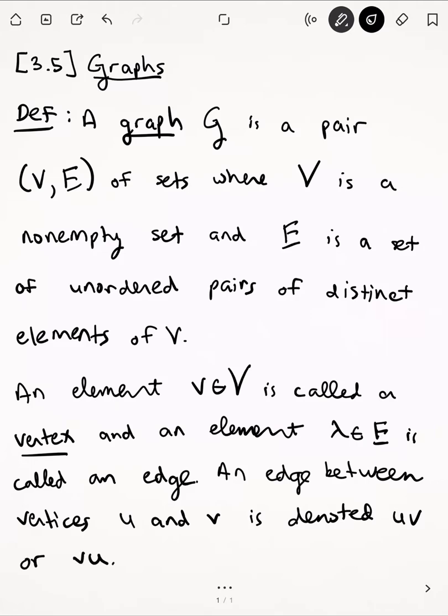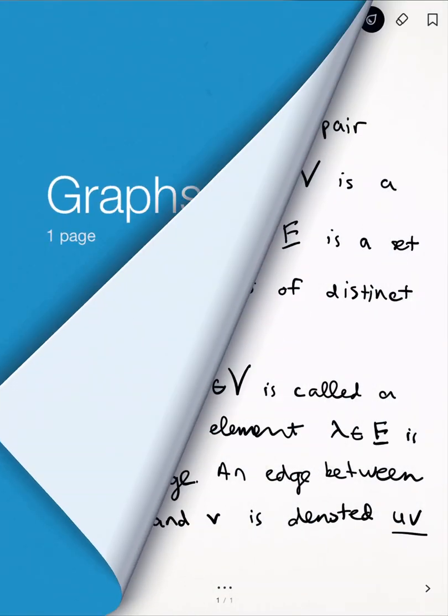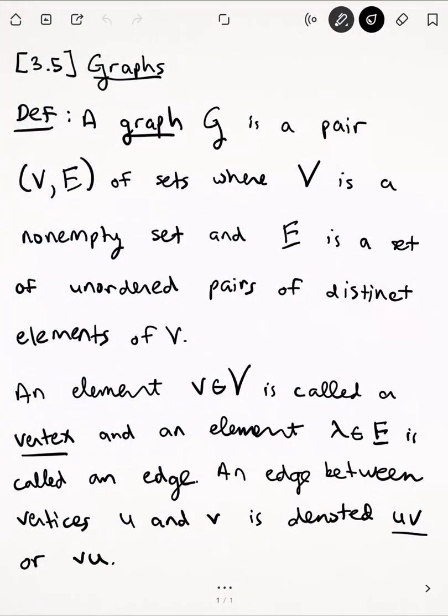Okay, so this notation here, uv or vu, is understood to represent an unordered pair of vertices. So that's why it doesn't matter if you write uv or vu, because the edge representing that connection does not depend on how you order the vertices. Okay, so let me just write this. So uv is said to represent {u, v}. Okay, so it's an unordered pair of vertices.